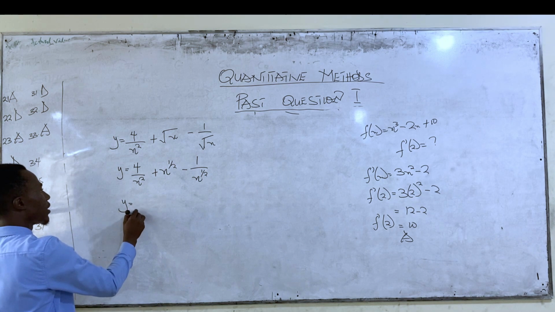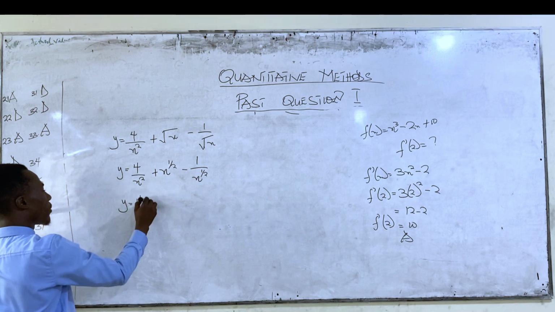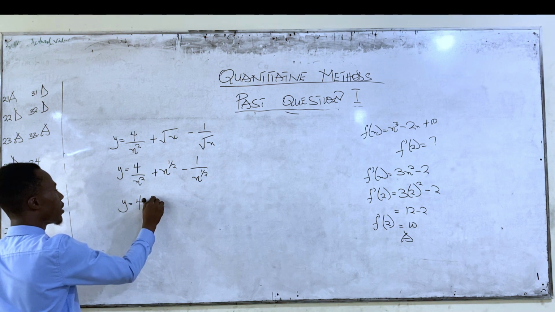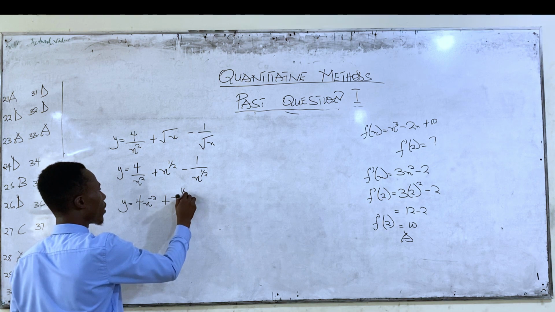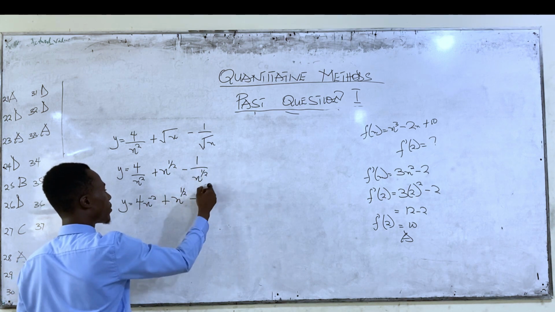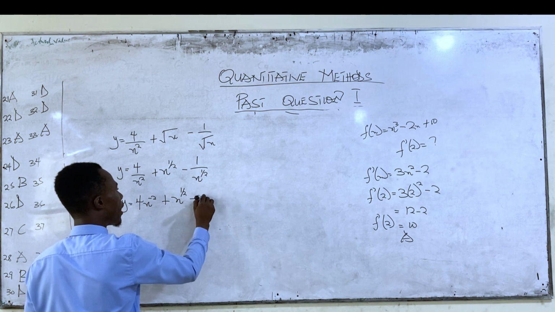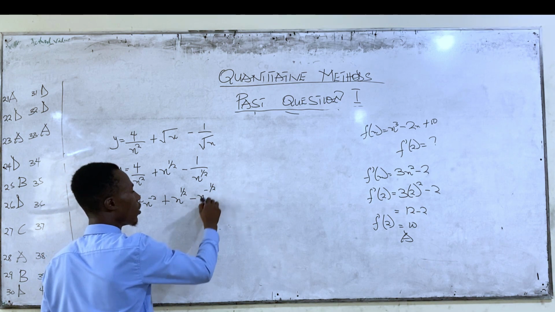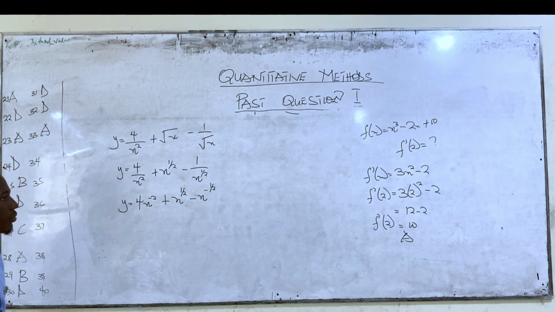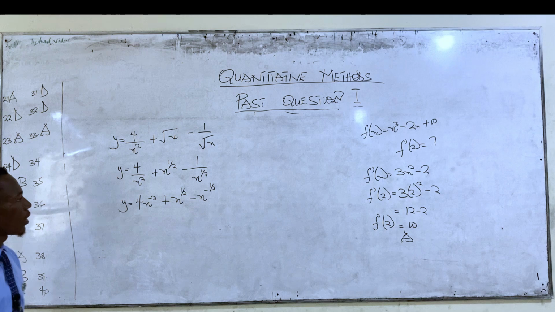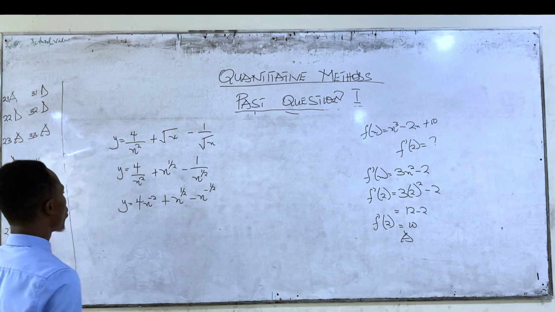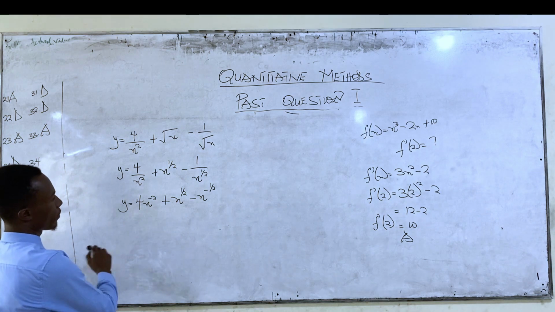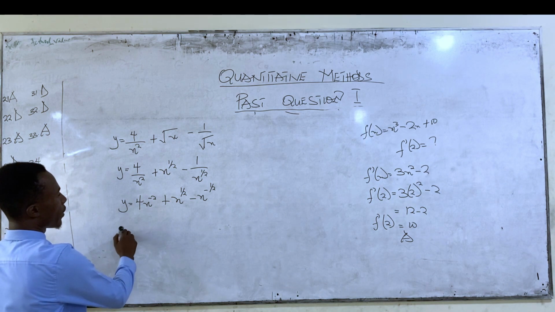So you rewrite it: 4 over x squared becomes 4x exponent negative 2, plus x exponent half, minus, when this one comes up, it becomes x exponent negative 1 over 2. You just bring negative around the exponent, and that will be it.